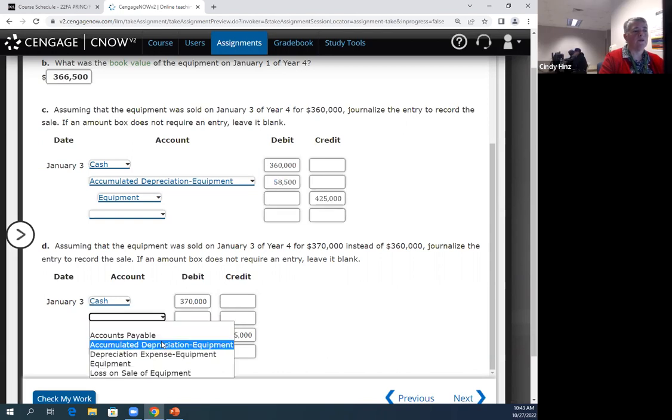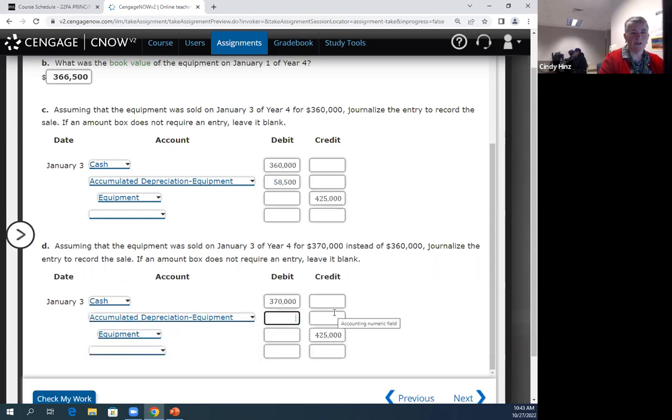It's also going to include a debit to accumulated depreciation because that account goes along with the equipment and we don't have the equipment anymore. So we want to get both of those pieces off our books. We know that the equipment had a debit balance, so to clear that, to remove it, we need to credit the equipment account. We know that the accumulated depreciation is a contra asset. It has a normal credit balance, and so to get that off our books, we need to debit that account.